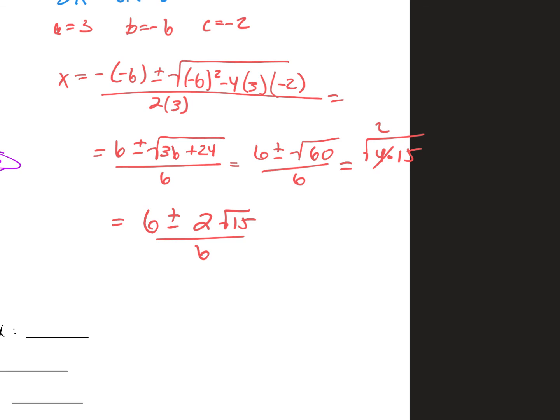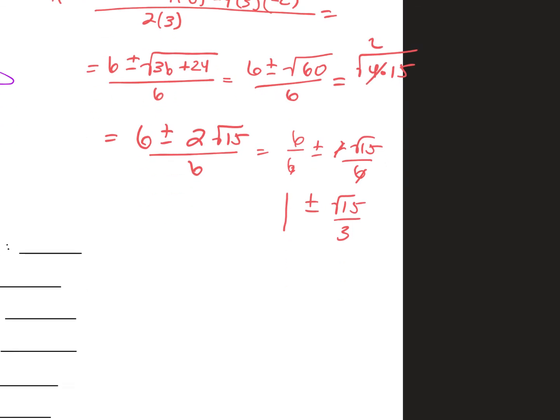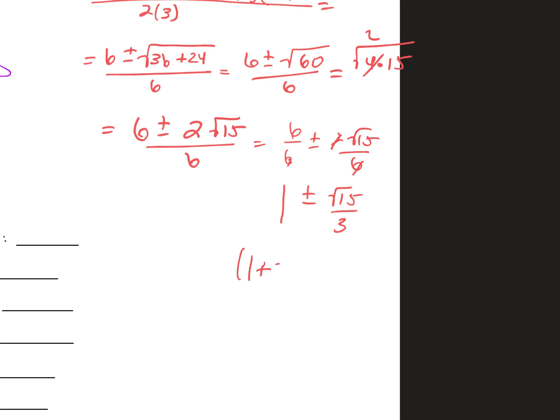I would split it: 6 over 6 plus or minus 2 radical 15 over 6. 6 divided by 6 becomes 1 plus or minus root 15 over 3. If you get to that point, perfectly fine. On a test, I would ask you to write 1 plus root 15 over 3, comma 0, and 1 minus root 15 over 3, comma 0. But if you get here, you should be able to pick out the correct answer.